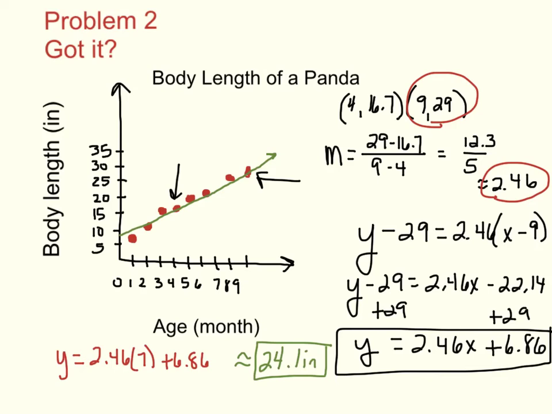Part B, no, you can't, because this only represents age in months and body lengths in inches of a panda, and an adult panda and a baby panda are going to grow at different rates. So just like an adult human and a baby human, an adult human is not going to grow lengthwise at the same rate as a baby would or a child. So on B, you'd say no, because an adult panda does not grow at the same rate as a young or a child panda.